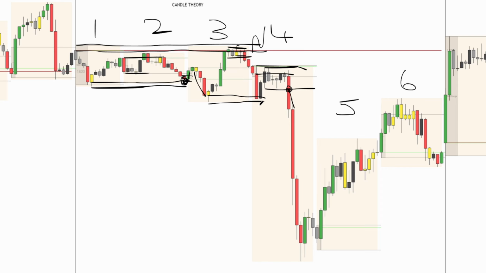We're breaking past this edge. We create a new edge at the end of this profile. Did the start of this next profile, did we close below this profile and continue lower? No. We found support, went higher with a candle count, meaning we have a candle body closing higher than that previous candle. That is the candle that is rejecting from the range or from the area of interest.